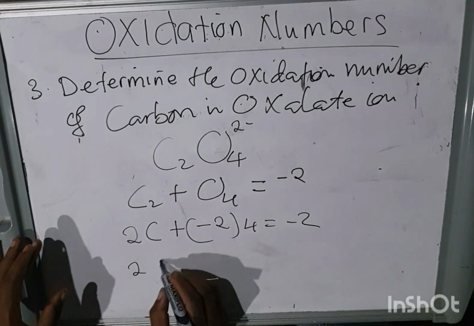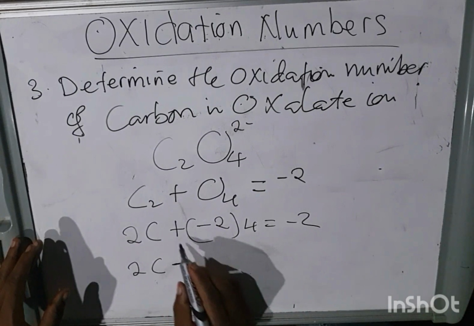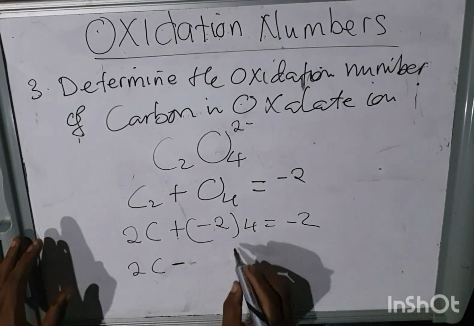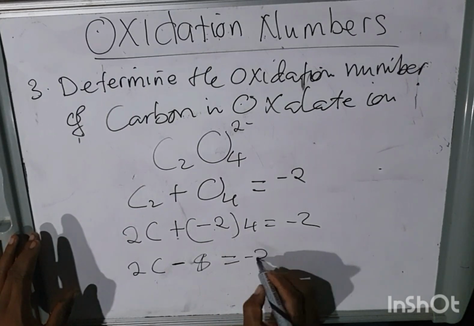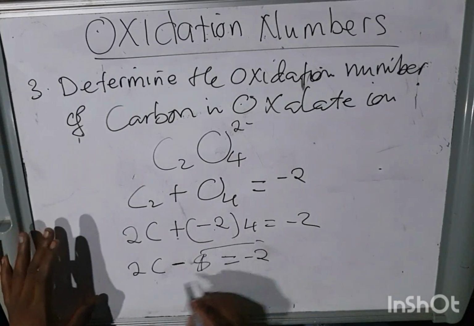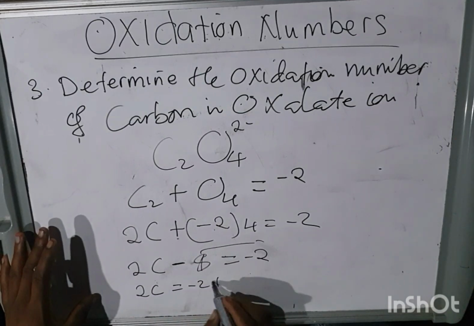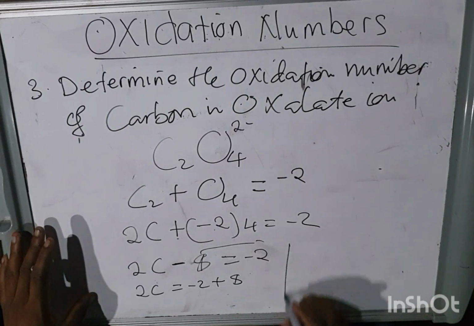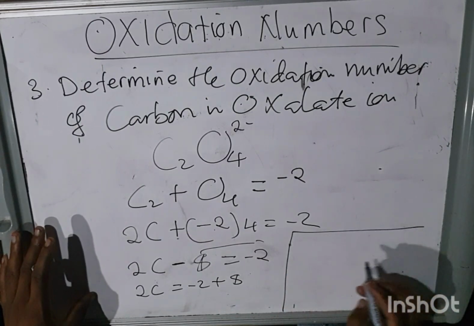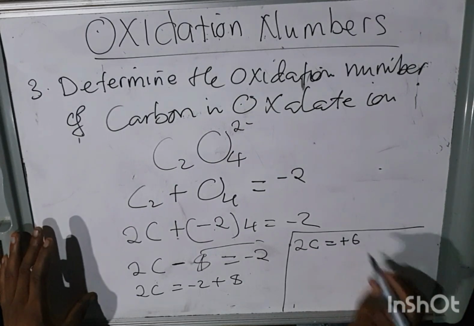So we have 2 carbon plus, positive and negative is giving us a minus, and we are getting the -8, which equals -2. The 8 is going there. 2 carbon equals -2 plus 8, which will give us 2 carbon equals +6.